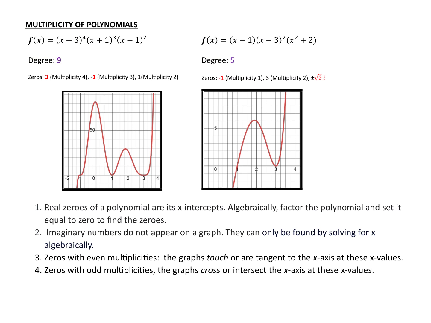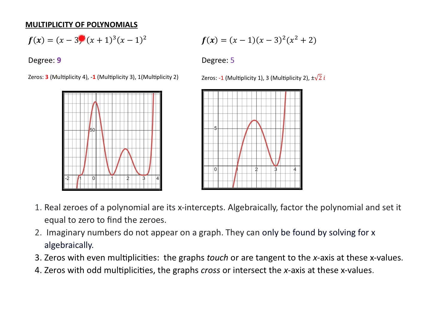So now let's look at multiplicity of zeros. And what does multiplicity mean? This is how many times a root is repeated. For example, if I have this polynomial, I can see x minus 3. If I make it equal to 0 and solve it, I get 3.